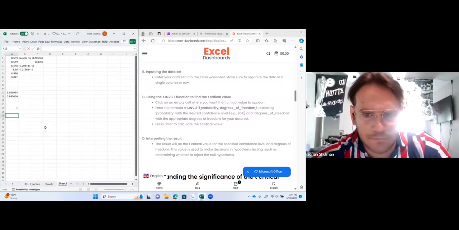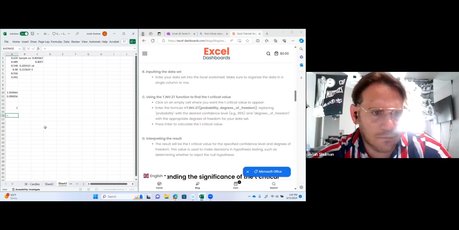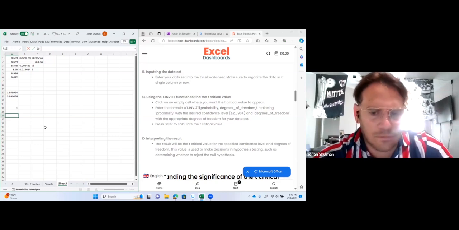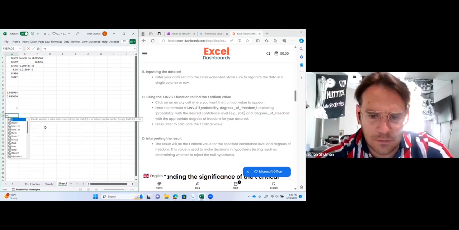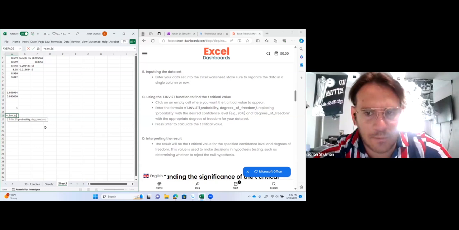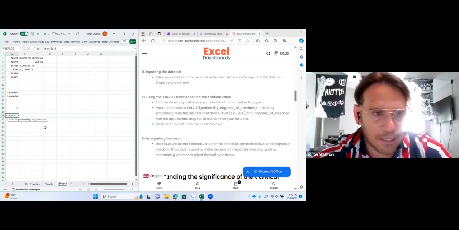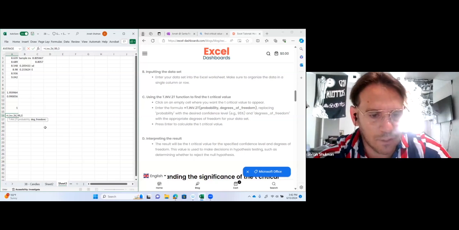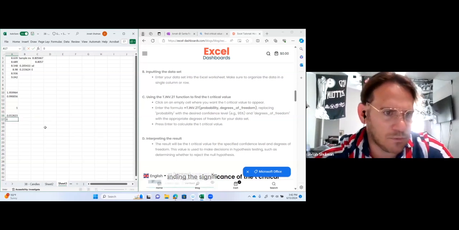I'll do one with equals T dot INV dot, I'm assuming it's for two-tailed, right? Our probability for the last one was 0.99. Maybe I didn't put the decimal. Our degrees of freedom was 35. Let's see if this works.